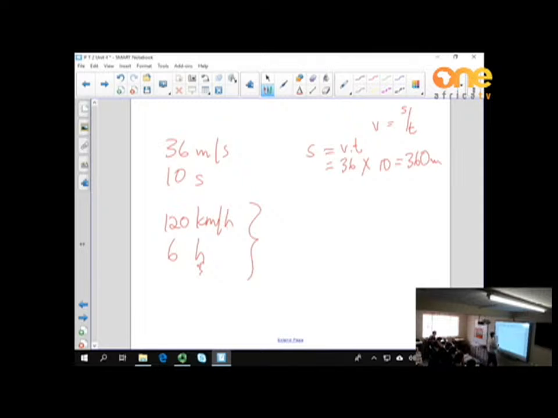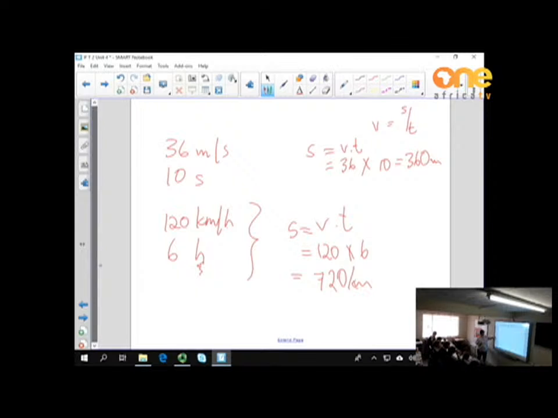So once again, we want to get the distance, it is velocity times time. So it's 120 times 6 is equal to 720 meters. Any questions there? Kilometers, thank you. Yes, somebody is awake.